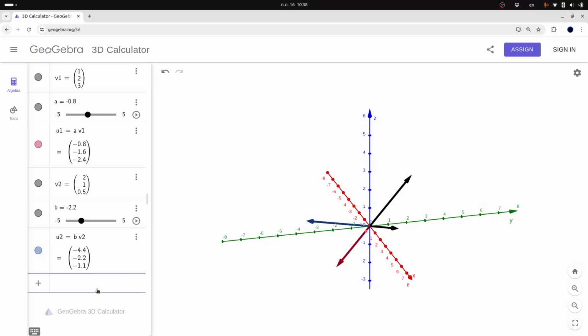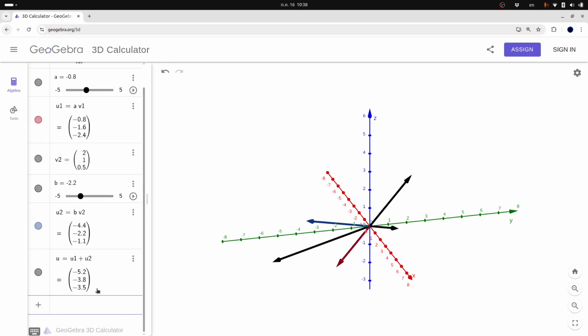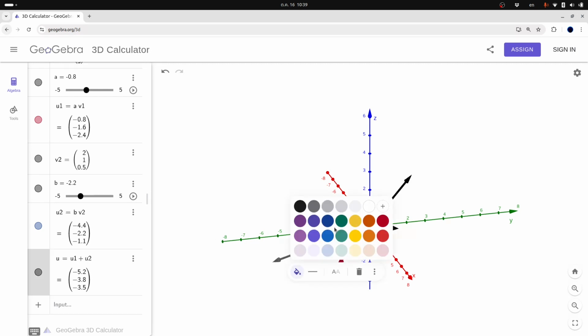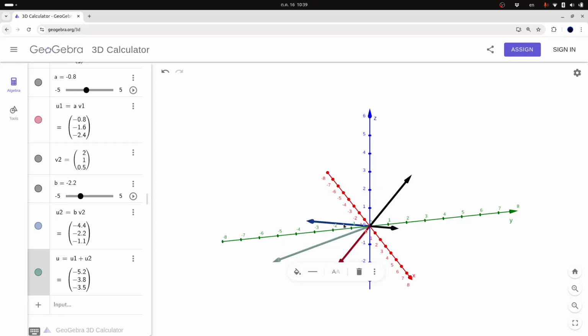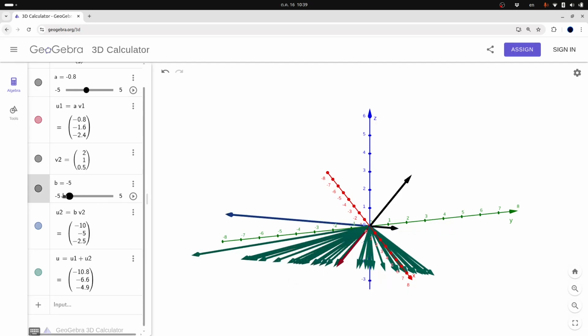Now let's add them up, u1 plus u2. I have this one, let's make it green. Now I have two vectors, and let me show the trace. So now I can move around b1, like this. Move a1.